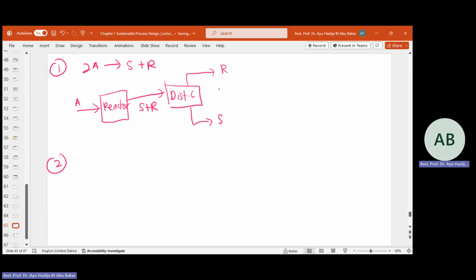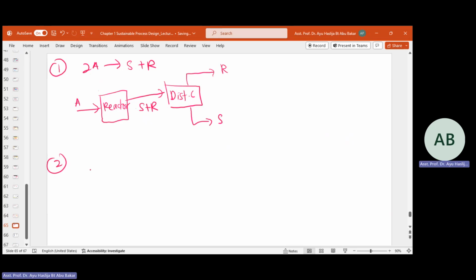Here we already separate S and R. A second separator would separate again S and R, and then recycle the A, meaning the unreacted A. Okay, if you assume there is unreacted A, you can consider recycling. Yes, can. But then you need to add on more separators, and you need to assume the boiling point of A.